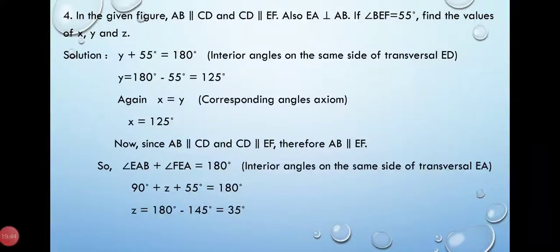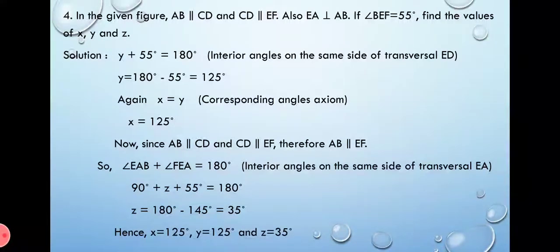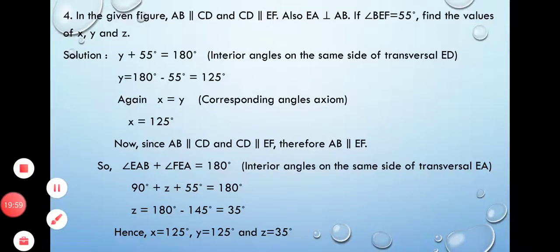Further solving, we get Z equal to 180 degrees minus 145 degrees, that is equal to 35 degrees. Hence, x equal to 125 degrees, y equal to 125 degrees and z equal to 35 degrees.